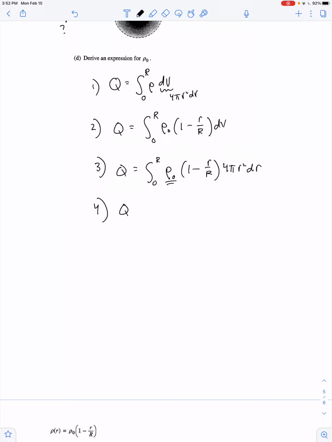I guess that means the rho naught, the 4, and the pi, right? And then I'm going to distribute this r squared.